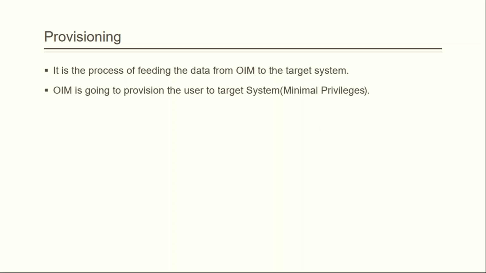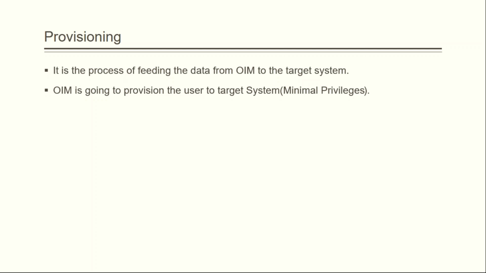Now, as we discussed a while back, OIM is going to provision the users to the target system using minimal privileges. These Outlook mailboxes, the company website and all are certain kinds of systems.